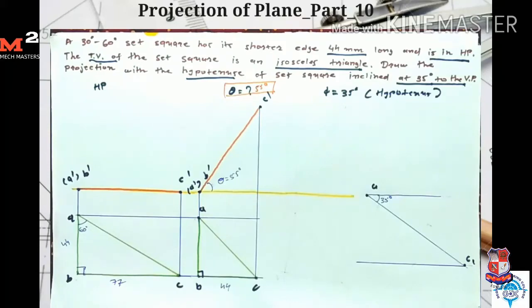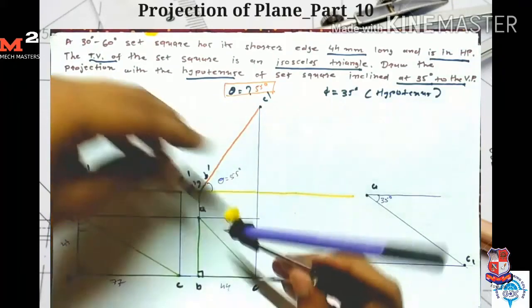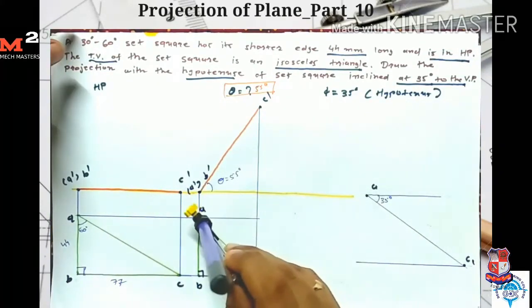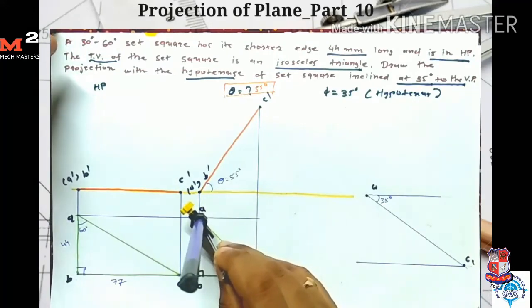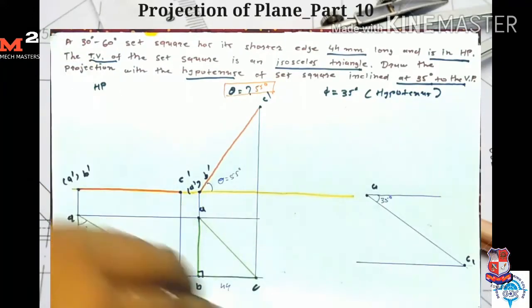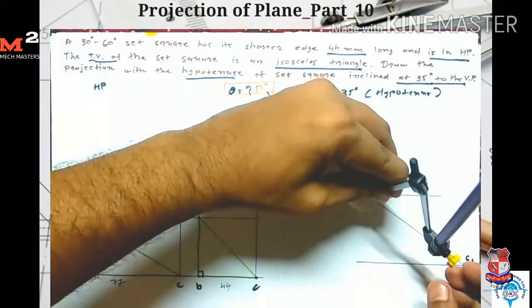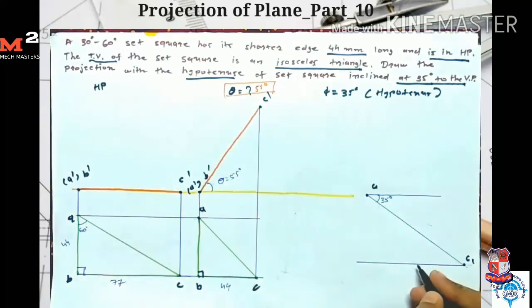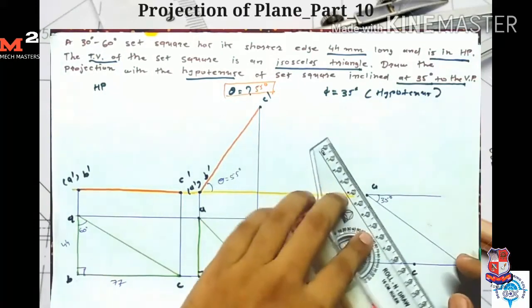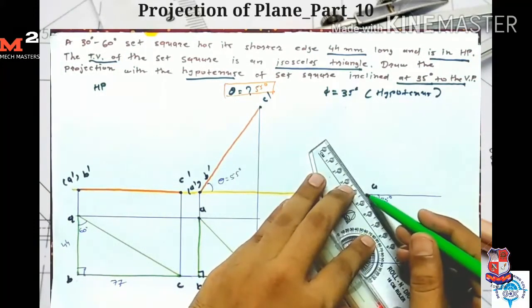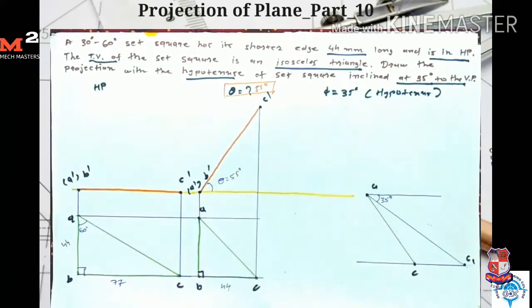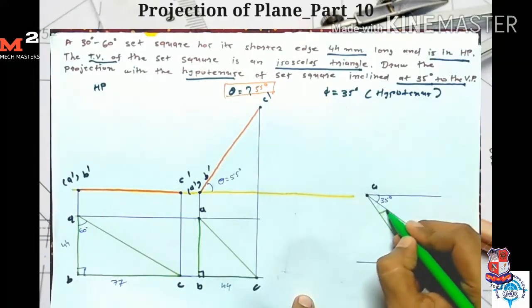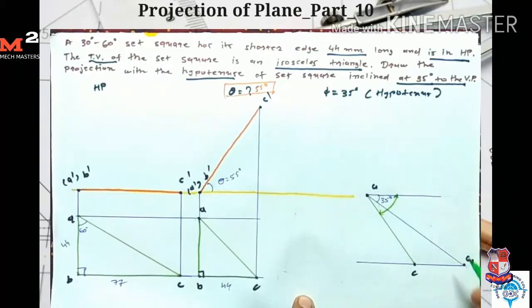Now I measure the length of AC in the second stage, because we require to find a new angle for this length. I take A as a center and draw one arc which intersects here. So here I get my final point C. Now I connect A and C, and if I measure this angle, it is our new apparent angle.